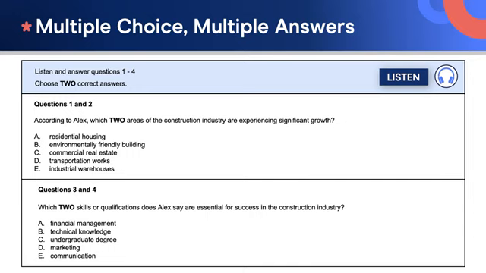Construction is a diverse field, which involves the building of many different types of premises. Of course, the main 2 types of premises are residential properties and commercial properties. At the moment, we're seeing increasing demand for properties that are built using energy-efficient materials and green technologies to keep up with the tightening regulations. Supply depots and storage facilities are another type of construction that you could be involved in, depending on your job.